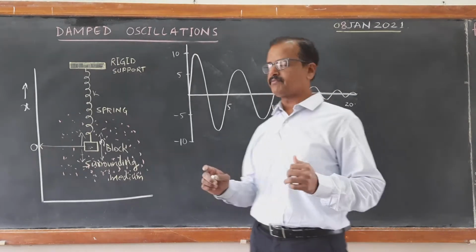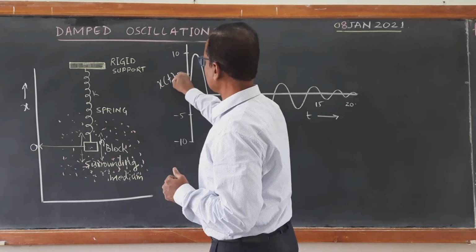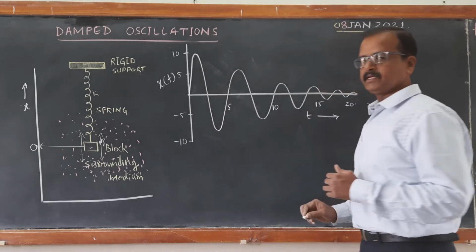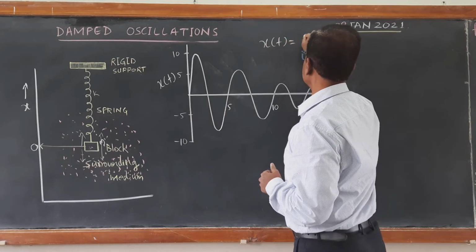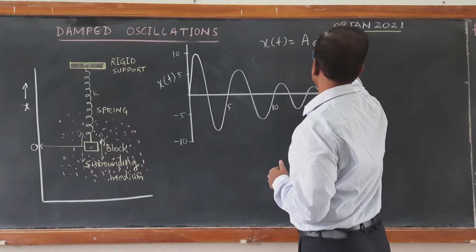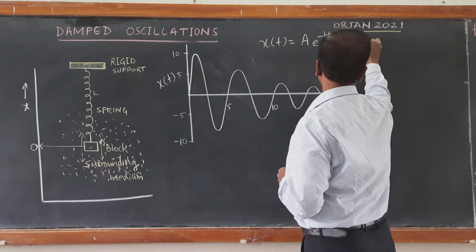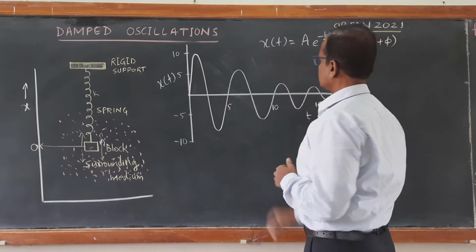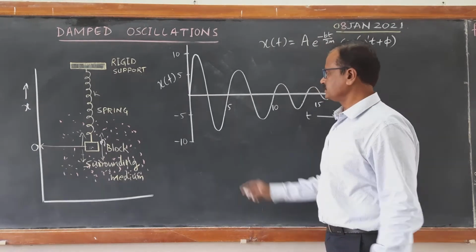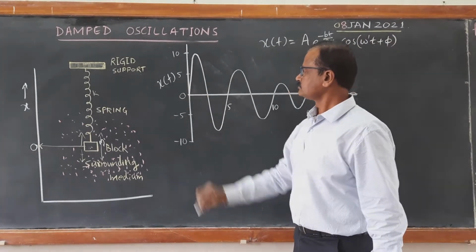Now I have drawn the graph of the displacement of a damped oscillator with respect to time t, and the equation for this, as we have written, x(t) equals A e to the power minus bt upon 2m into cos(omega dash t plus phi). If you draw the graph, this is the time axis and this is displacement, and this is 0.